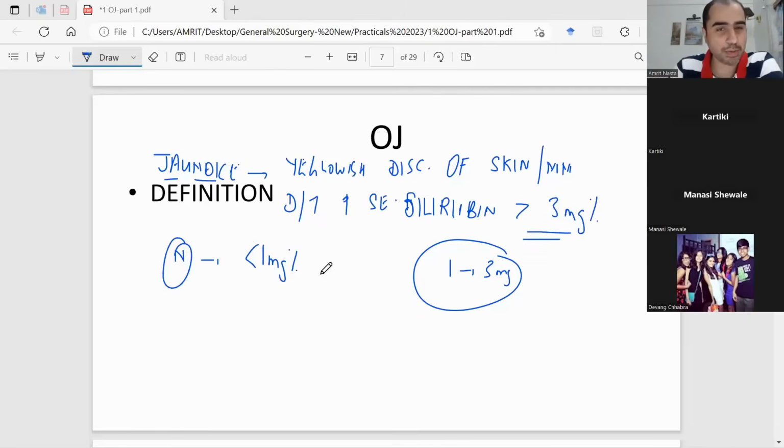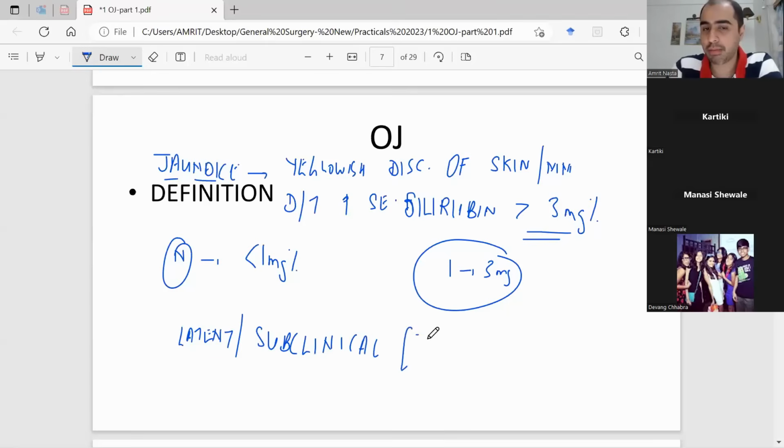Not hyperbilirubinemia, it's called latent jaundice or subclinical jaundice. So if the bilirubin is elevated more than 1, but I don't have icterus, it means it is less than 3. Only when it crosses 2.5 or 3 is icterus seen clinically. So that is going to be called subclinical jaundice when it is in the 1 to 3 mg/% range.